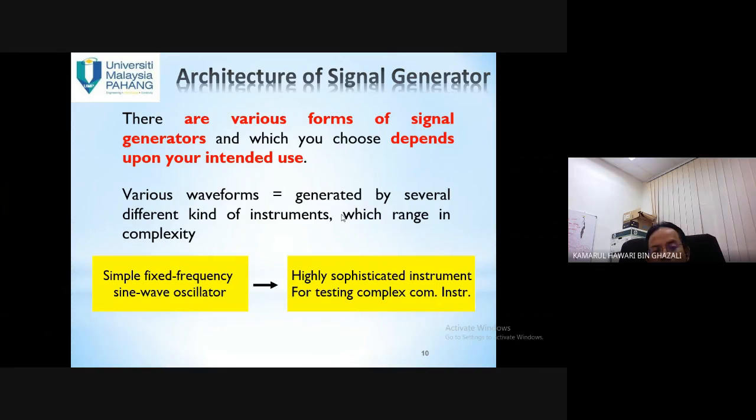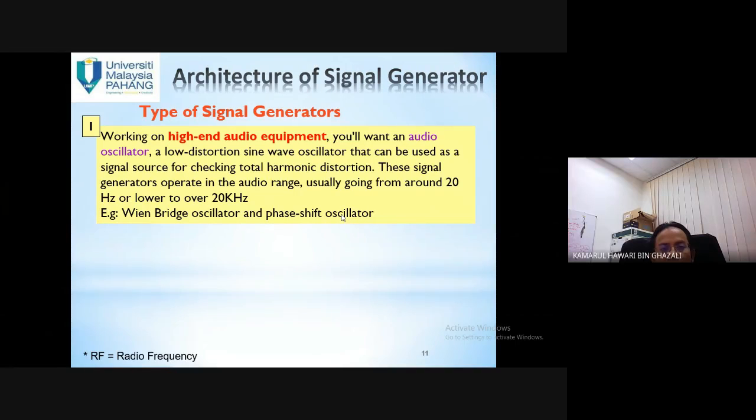Various waveforms are generated by several different kinds of instruments, which range in complexity: a simple fixed frequency sine wave oscillator, or a highly sophisticated instrument for testing complex instruments. For working on high-end audio equipment, you will want an audio oscillator, a low distortion sine wave oscillator that can be used as a signal source for checking total harmonic distortion.